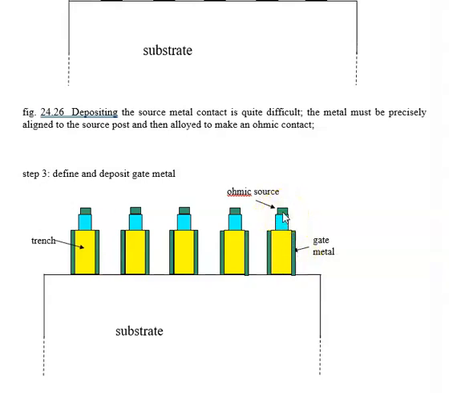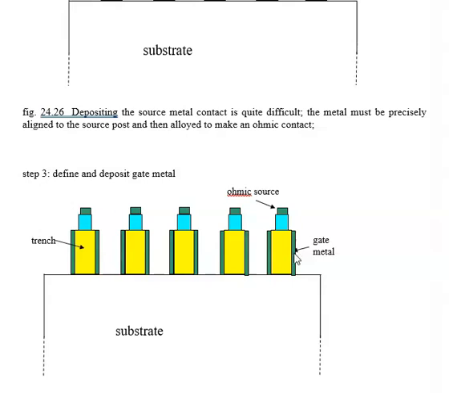Generally, this is gold, and it is deposited and alloyed in a very different manner than the gate metal. We want to make sure that we have an ohmic contact here, but here we want to make sure that we have a Schottky. So while this is gold, this is a different metal. Generally, we use nickel, although I believe tungsten and even molybdenum can be used, but I don't think we can use aluminum here.